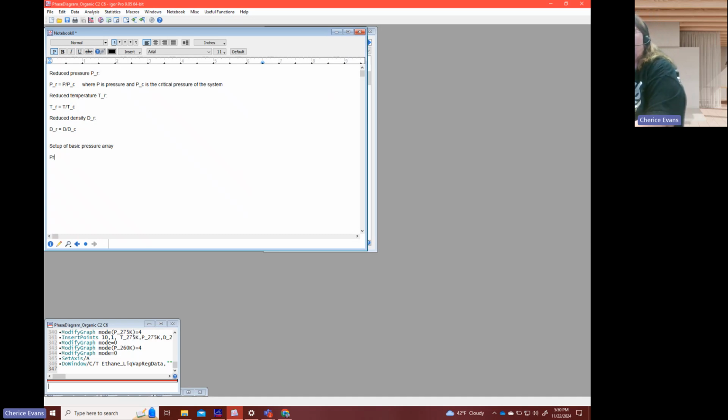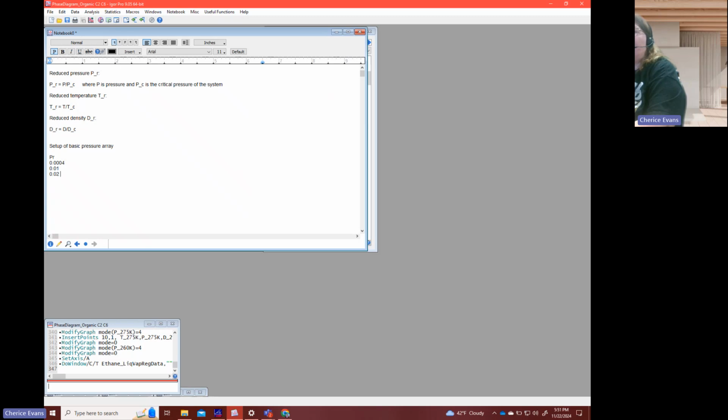So my reduced pressure range, the way I've got it set up, is I need a really, really low pressure to begin with. So I set the reduced pressure of 0.004 as a kind of zero pressure starting point. And then the next pressure is 0.01, and then 0.02.